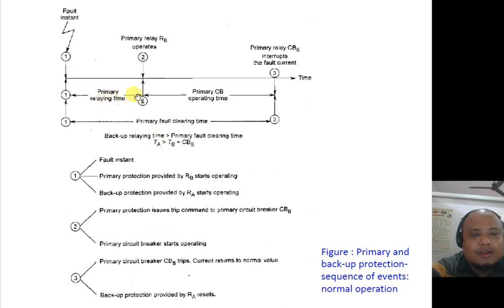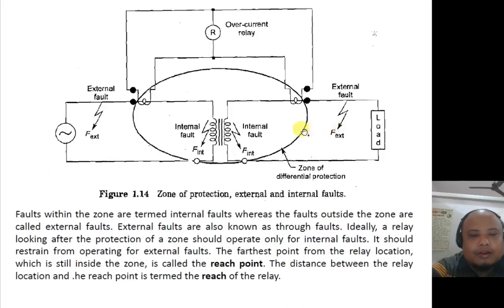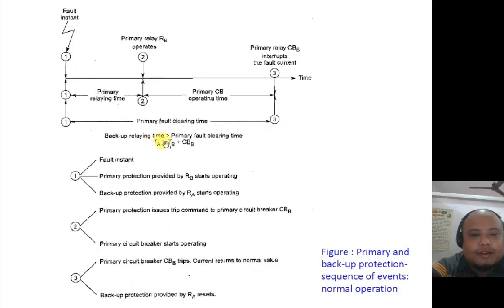Otherwise, as soon as these two are complete, it will send trip command. So even though fault is cleared by relay and circuit breaker of line section BC, because if this is equal, as soon as the fault is cleared, it will send the trip command to its associated circuit breaker, the backup relay, which should not happen.